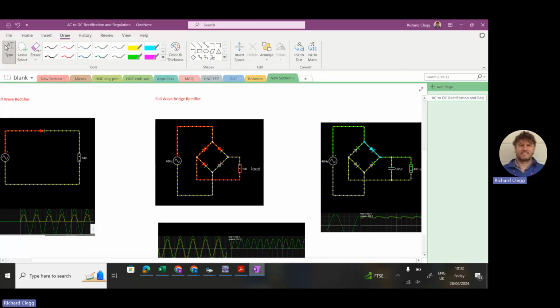And if we go back to what we had here, this is a full bridge rectifier with a capacitor smoothing on here. Okay, and we're not quite there yet with the flatness or the flat DC.